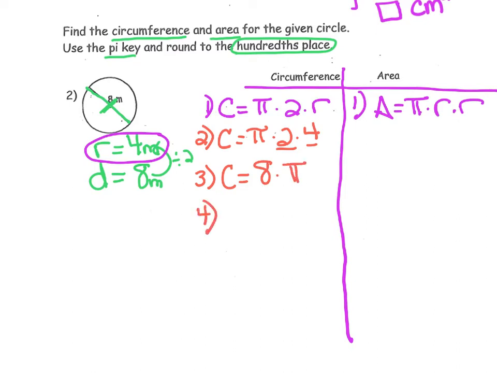Grab your calculator, take a moment and record the steps that we've written for circumference. Punch in 8 times pi key. Write the entire amount down that appears on your screen. If you need to pause the video, please do so.